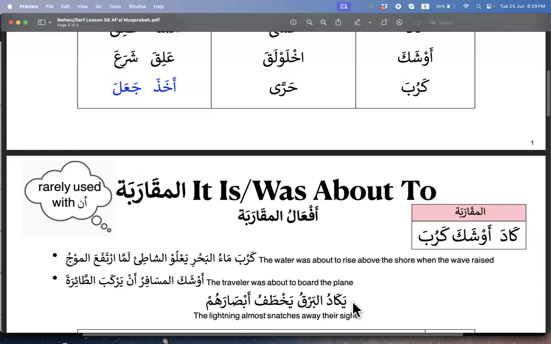Don't forget to add nakis. Fi'il mudari nakis marfu with damma. And this is jawazan, like it depends. Do we have an outside ism? We don't have one, so we mention the huwa inside already.